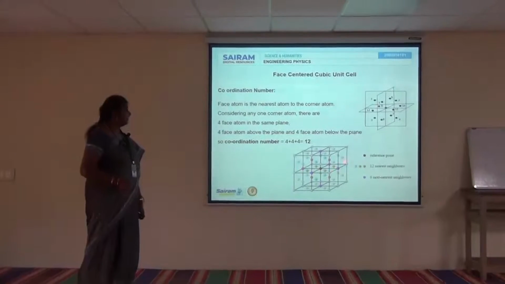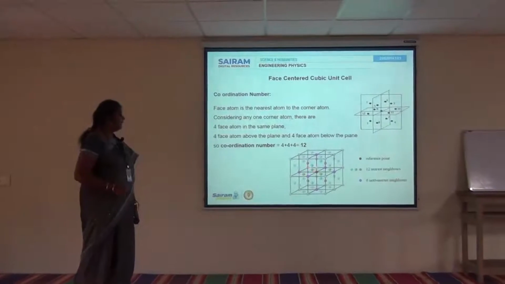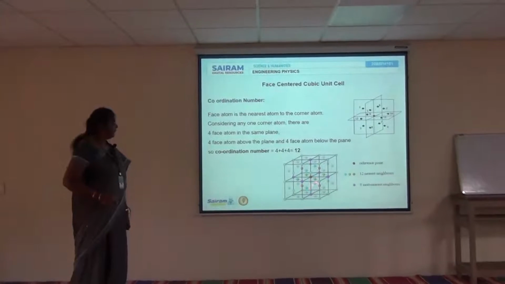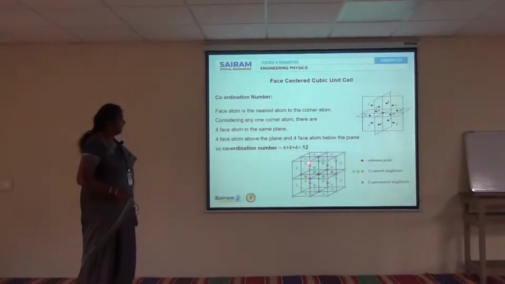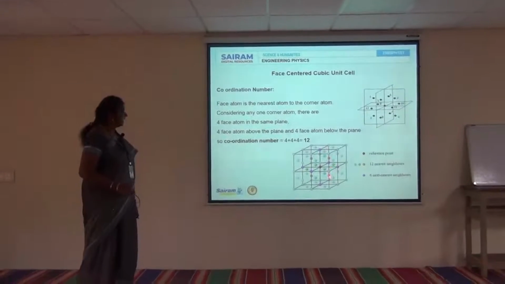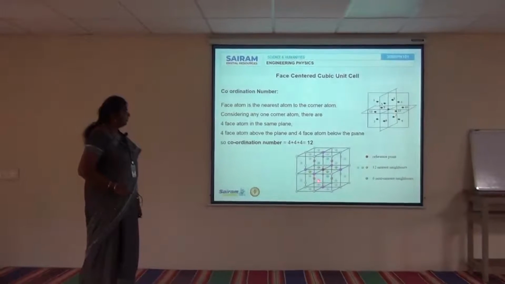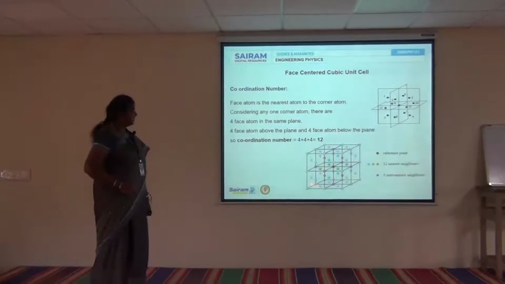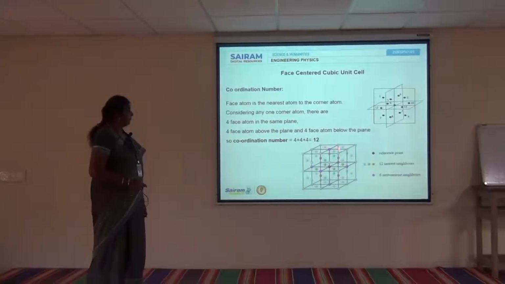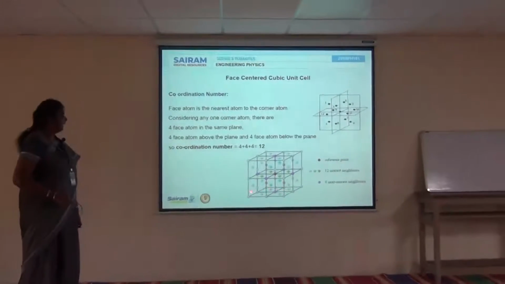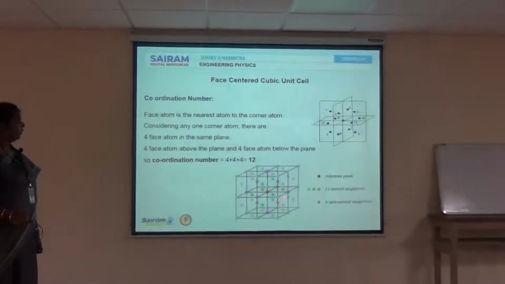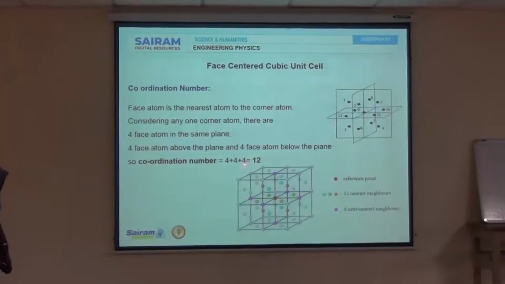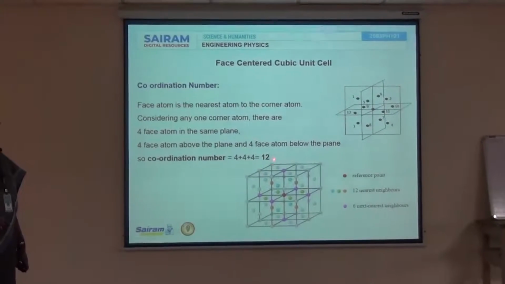In the same plane, we have 4 green colored face-centered atoms. If you consider this plane, in this plane we have 4 blue colored atoms, and the third plane is this plane. In this plane, you have 4 orange colored atoms. So the coordination number is 4 plus 4 plus 4, equal to 12.